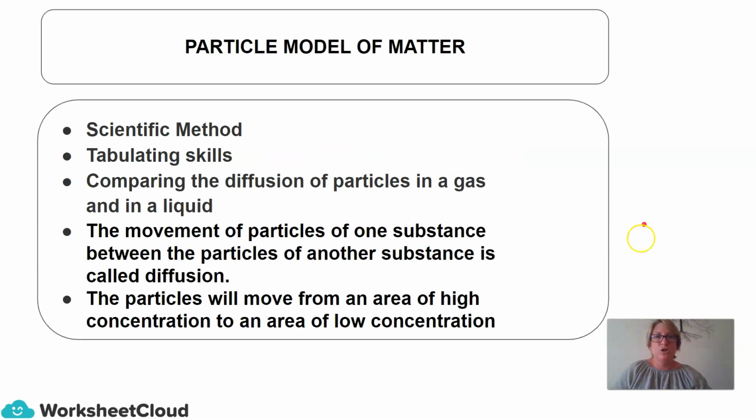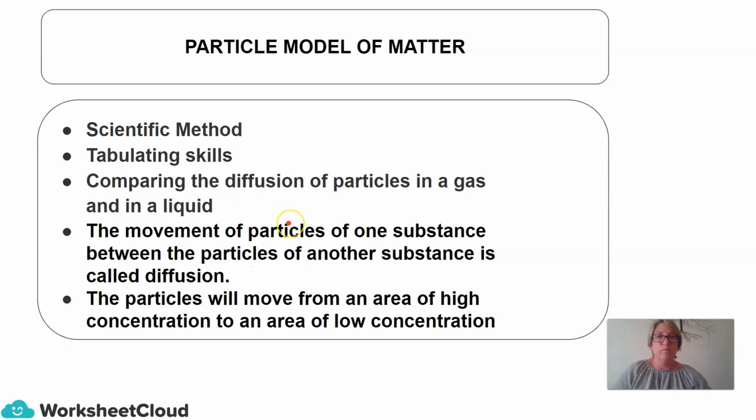So just to recap, what did you learn today? You learned about the scientific method and the process skills. We focused particularly on tabulating skills. You were able to compare diffusion of particles in a gas and in a liquid. We had a look at the movements of particles of one substance between the particles of another substance.